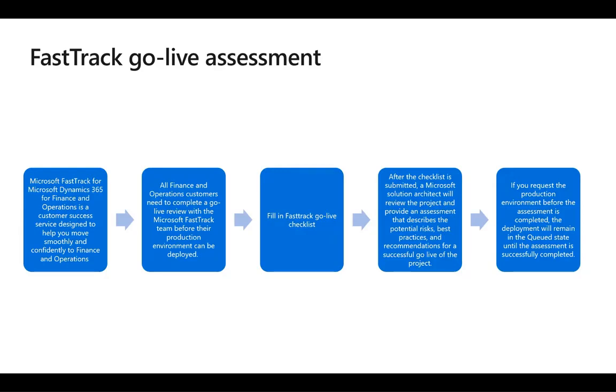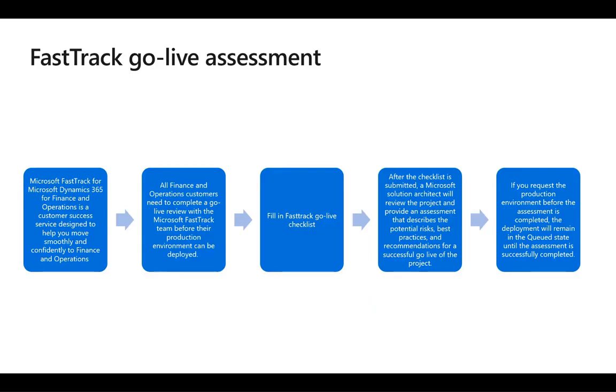The project manager or key project member needs to complete the go-live checklist during the pre-go-live phase of the project. Typically, the checklist is completed 4 to 6 weeks before the proposed go-live date, when UAT is completed or almost completed.